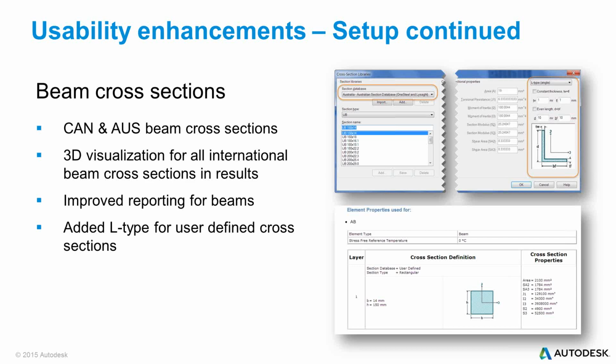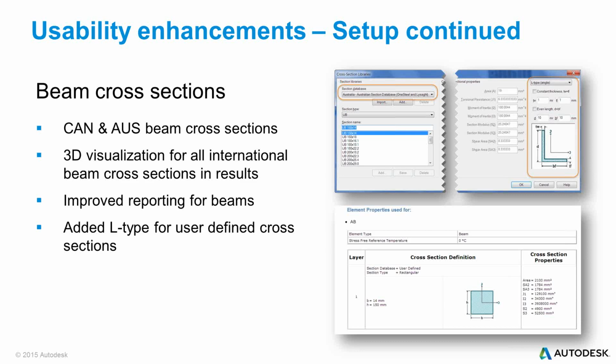Previously, only the AISC libraries supported 3D visualization of beams. You can also now define L-type beam elements as a user-defined section. The L-type section is available for both linear and nonlinear analysis types. So that's the picture on the top right that we're looking at now.